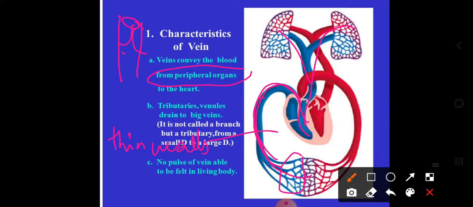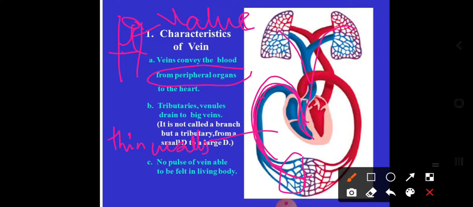In fact, these valve-like structures are seen only in veins but are absent in both arteries and capillaries. Why? Because as veins are carrying blood from body parts to the heart, there is a chance of a reverse flow of blood.